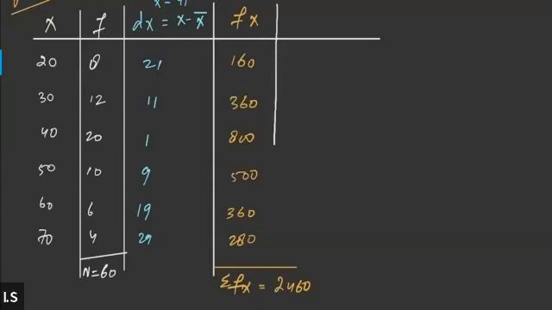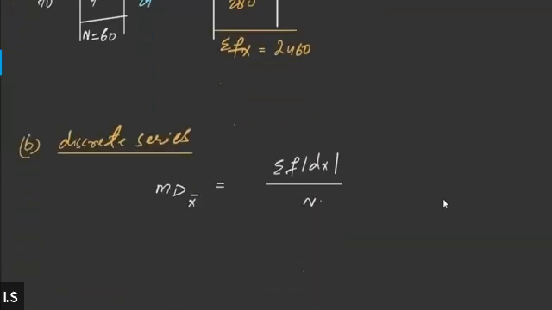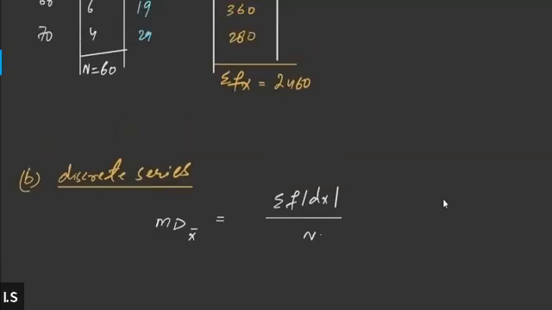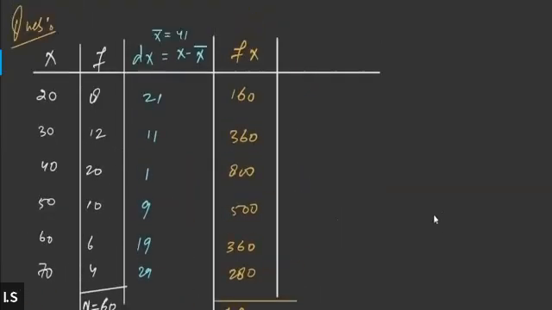Yes, sir. Okay. Tell me the next step. What am I going to do after this? So fdx. Basically we will have to multiply the frequency f with the deviation dx, and it will be 21 into 8. So 8 ones are 8, 8 twos are 16, 168.